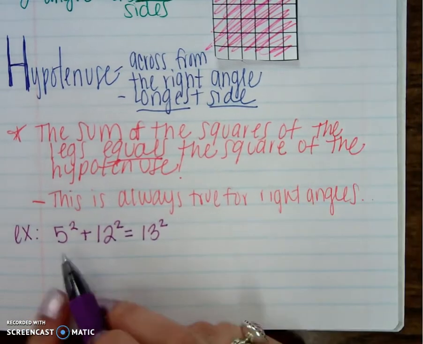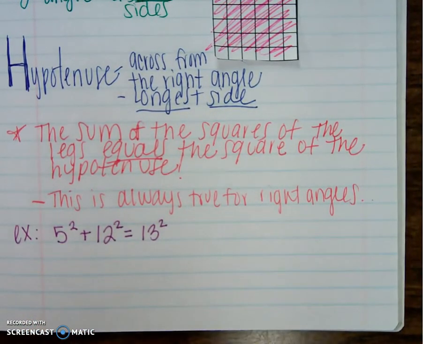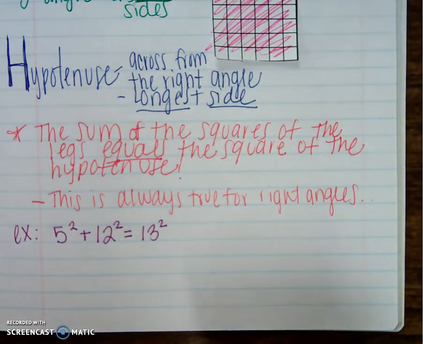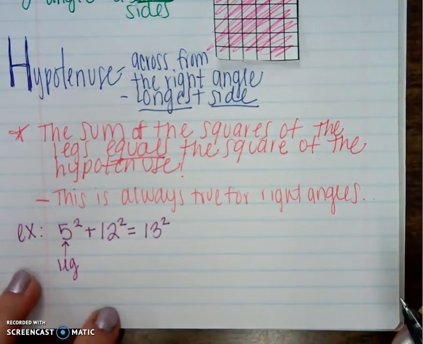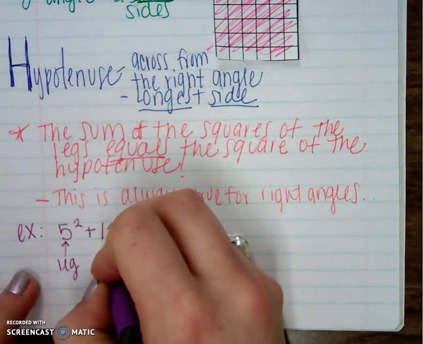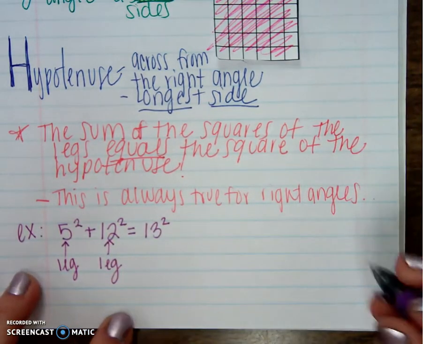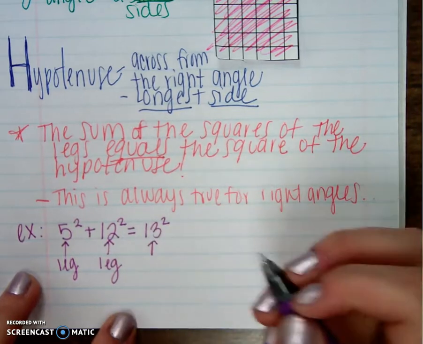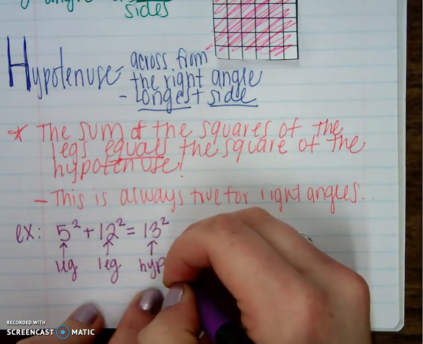Now you can't just pick random numbers for the legs and expect it to equal another square, okay? It's only for right triangles. So that 5 squared was a leg because it's one of the shorter sides. This 12 squared is also going to be one of the legs. And that 13 squared, since it's the longest, it's going to be the hypotenuse.